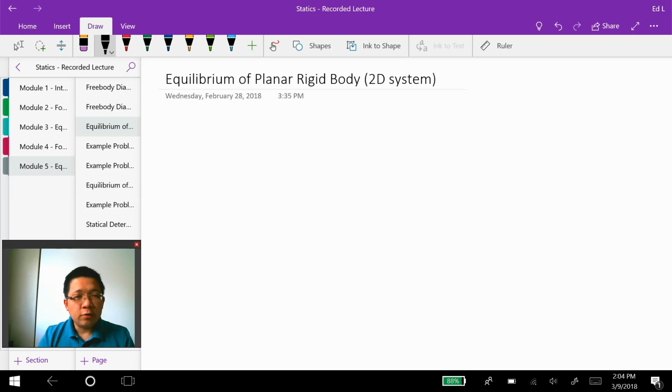In module 3, when we talked about equilibrium of a particle, we formulated two equilibrium equations to restrict the motion of a particle that lies on a two-dimensional plane. For example, this is the particle and this is the plane. The vertical and horizontal motions can be used to describe all motions of this particle in a two-dimensional plane, because they are independent of each other.